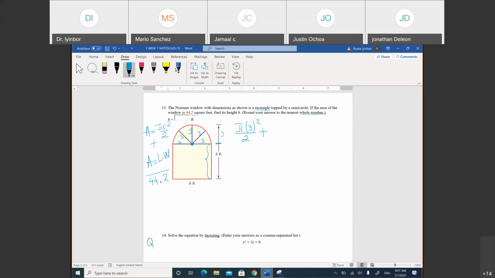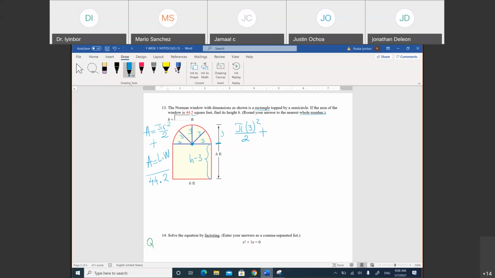So if the top part is 3, then the bottom part is going to be H minus 3, right? In that way, you're using H, not another variable.